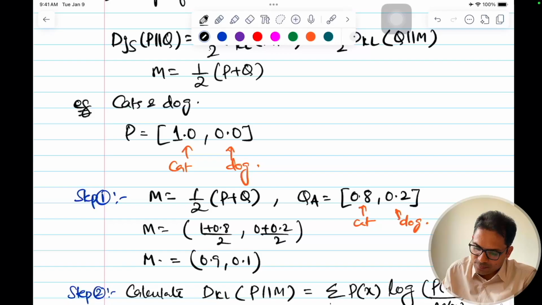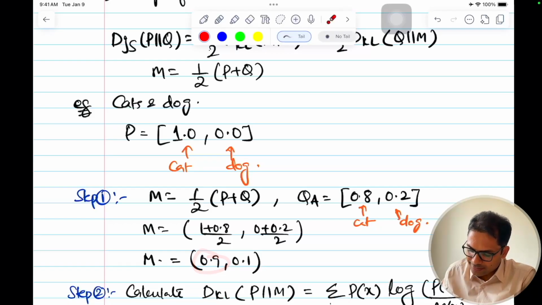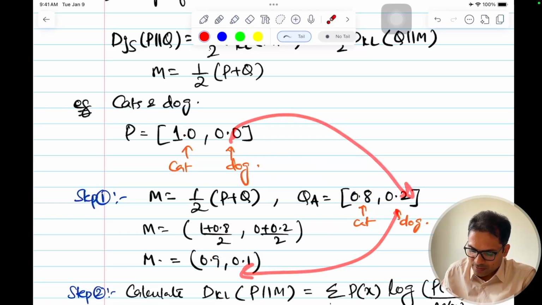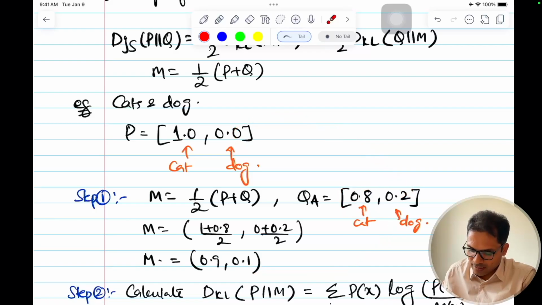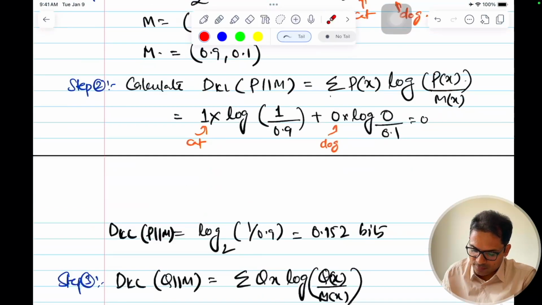We took the average, right? M is 0.9. This was 1 and 0.8. Its average is 0.9. So 0.0 and 0.2, its average is 0.1. So Qx, that is the actual, and I am predicting it using the average model.